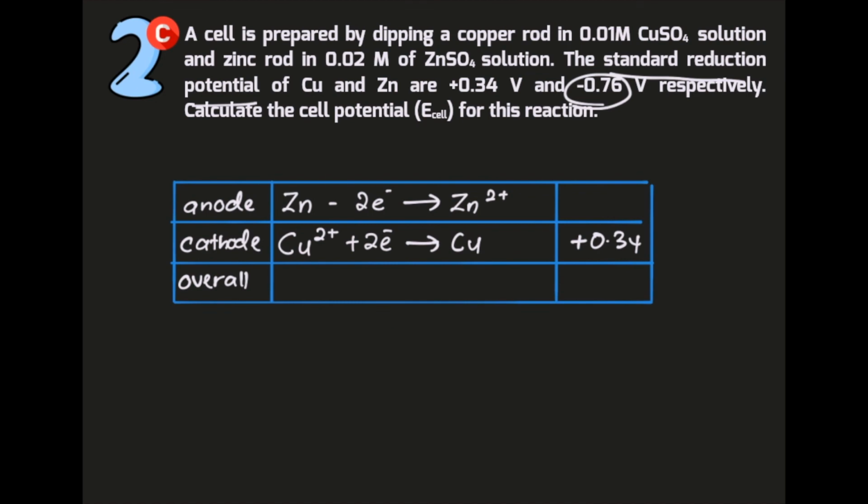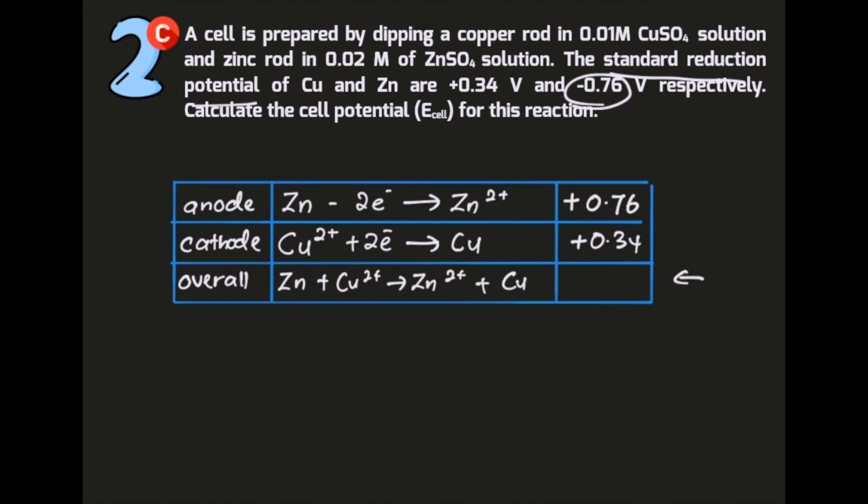But this is a standard reduction potential, since we already make it into oxidation, from negative we change it to positive 0.76 volt. Therefore we can write the overall reaction as zinc plus Cu2+ will produce Zn2+ plus Cu.